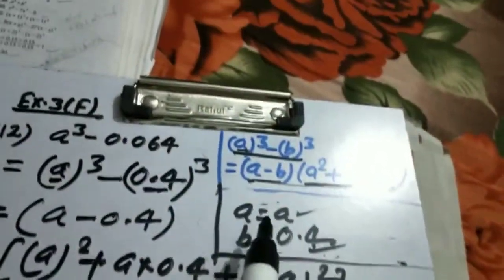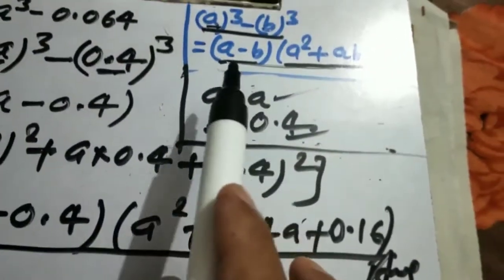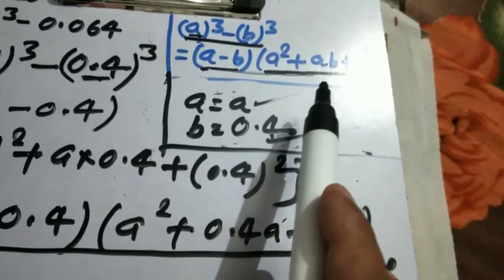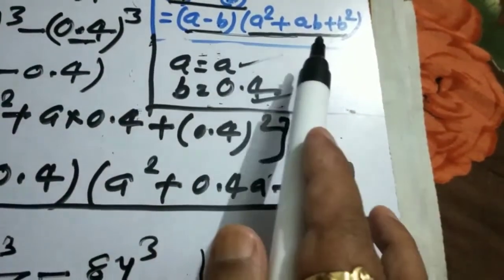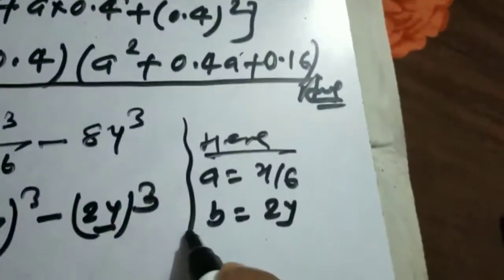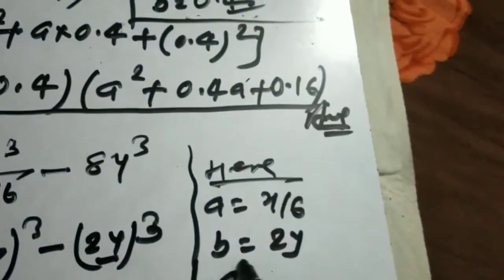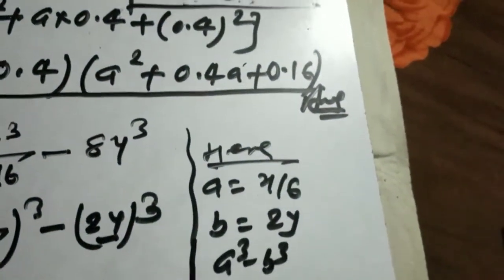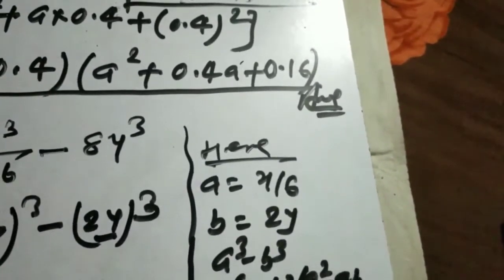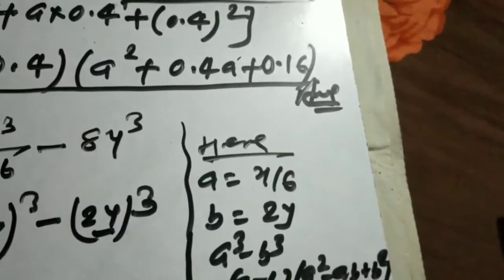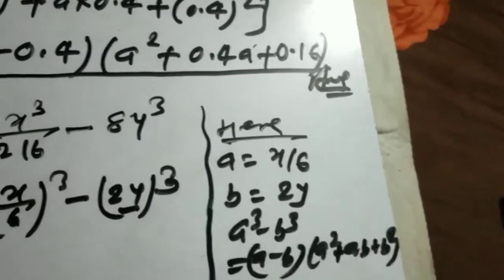a cube minus b cube is equal to a minus b into a square plus ab plus b square. Let us write it again here: a cube minus b cube is equal to a minus b into a square plus ab plus b square.